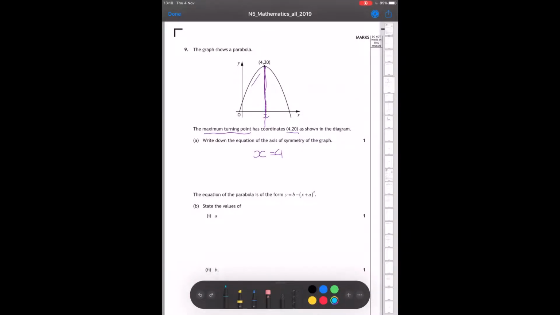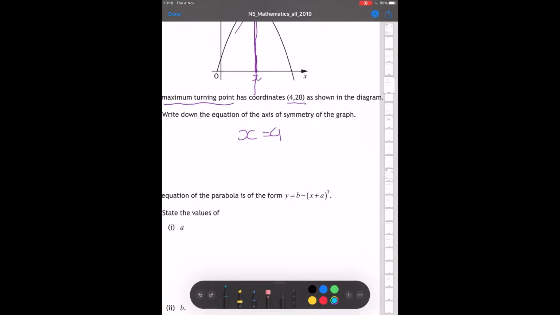So part B, "state", which is indicating that we again don't really need to do very much, the values of a and b, where the equation of the parabola is in completed square form. Worth 1 mark, which again indicates that this doesn't take a lot of effort.